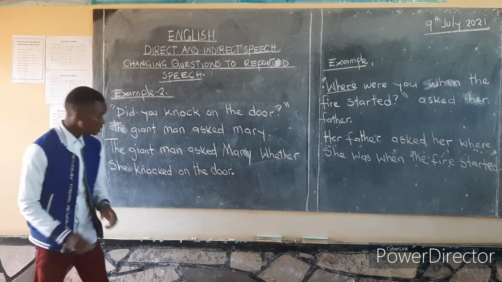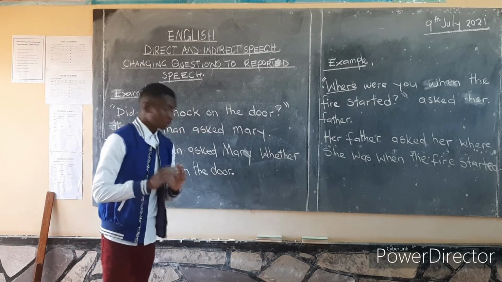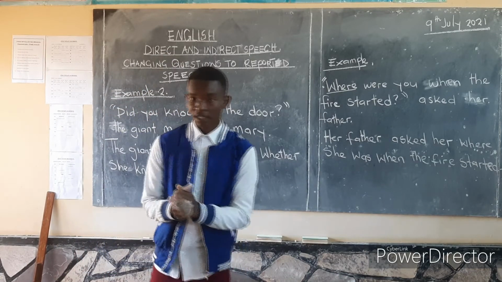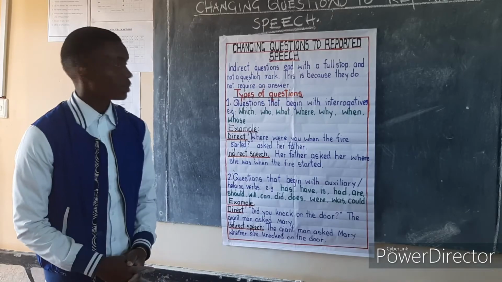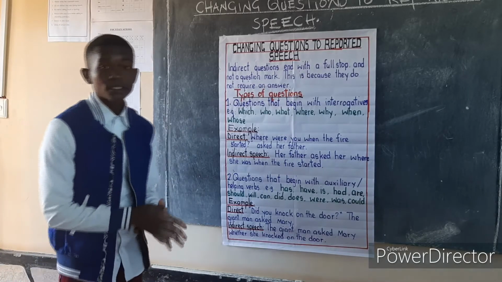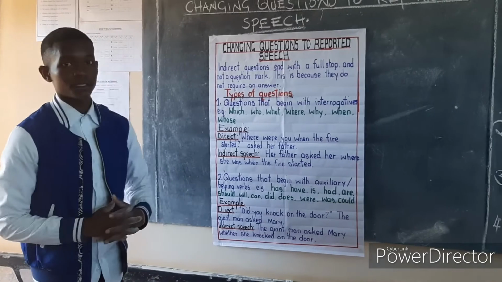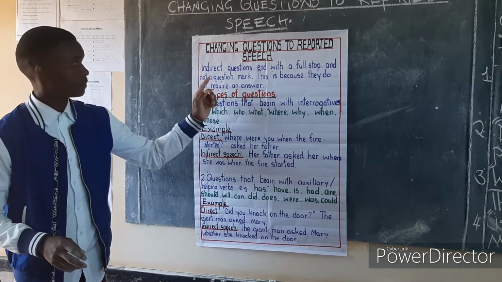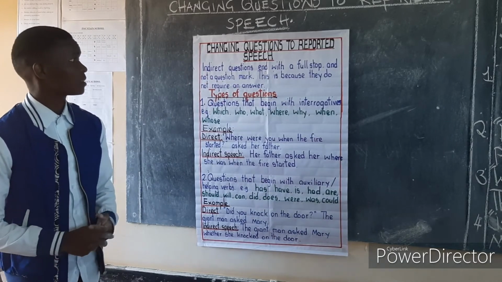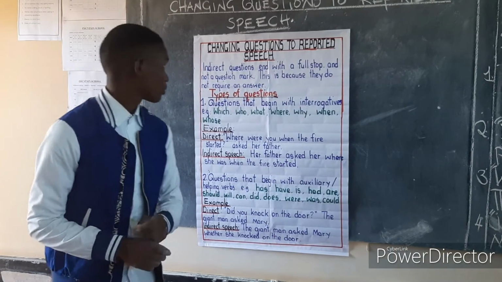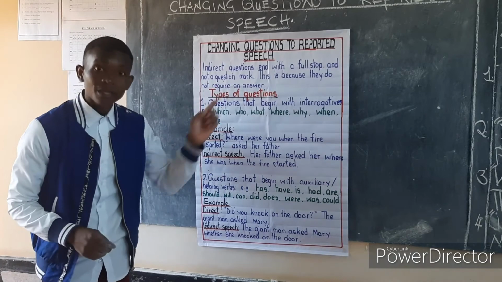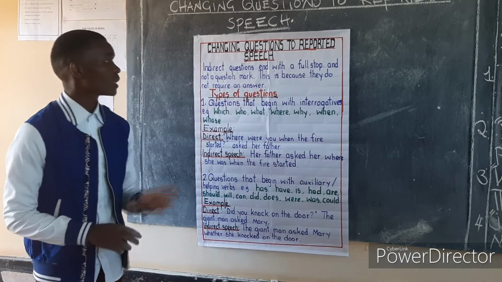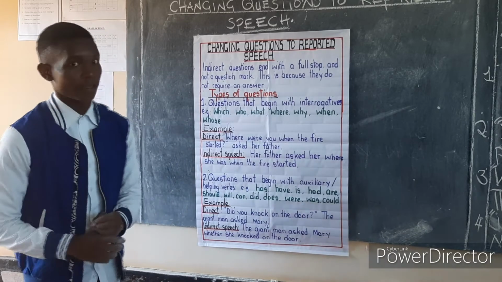And now I'm going to show you a chart so that we can discuss more on the chart. Okay, so remember this point. Indirect question ends with a full stop and not a question mark. This is one thing you should know. This is because they do not require an answer.